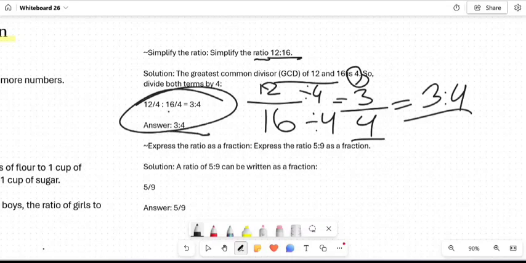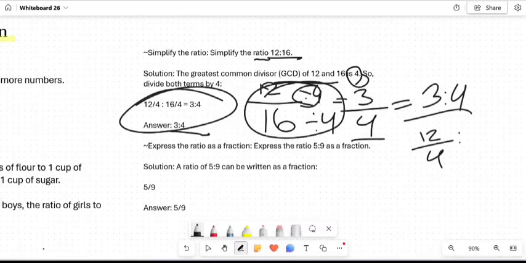Now over here what they have done: the greatest common divisor of 12 and 16 is 4, so divide both terms by 4. Whatever I did over here, they are doing the same thing. Just instead of writing the division form over here, they are doing 12 by 4 is to 16 by 4.